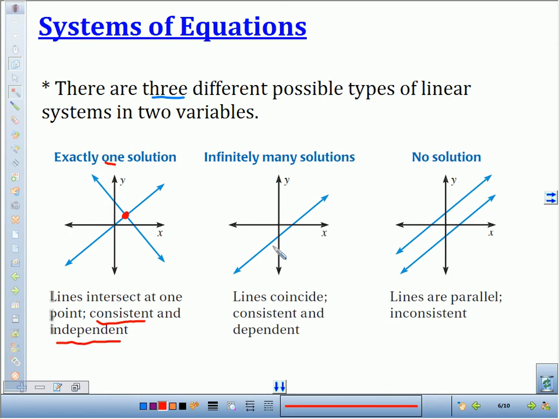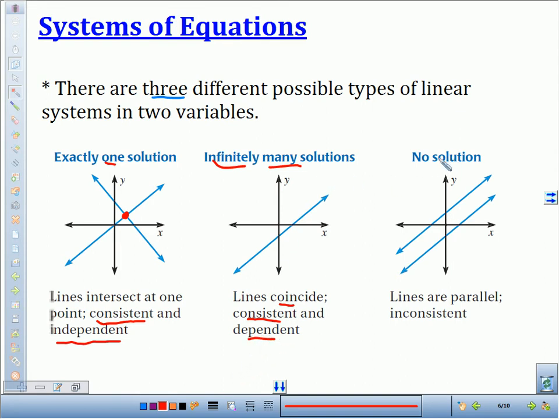What that means is that the 2 lines coincide, and if they coincide, they're intersecting at every single point. And since the solution to a system of equations is where the lines intersect, there are infinitely many solutions. Since there's at least one solution, it is consistent. But since both lines are the same, they are dependent.